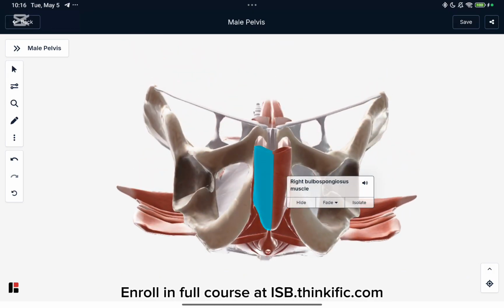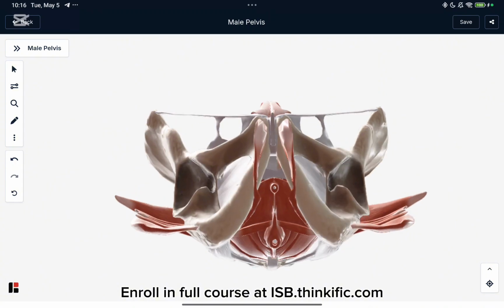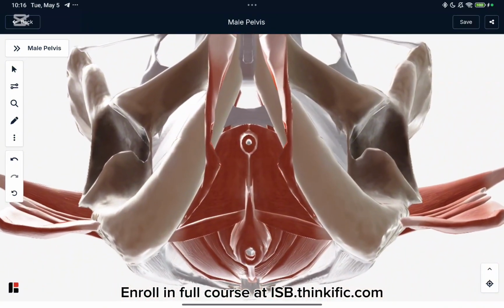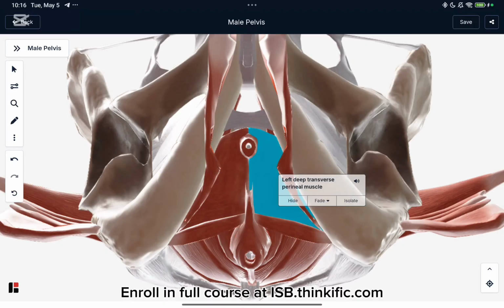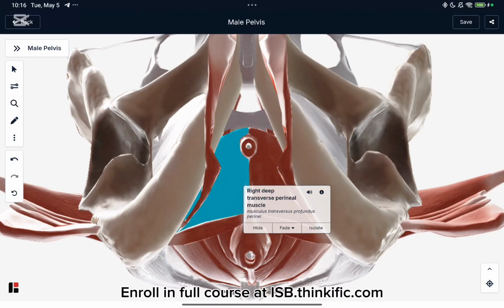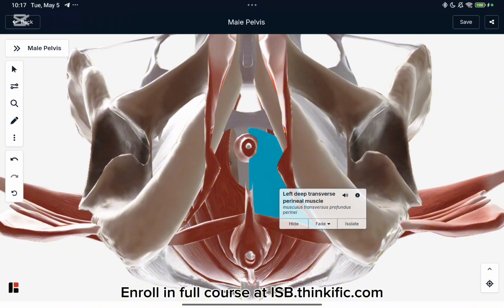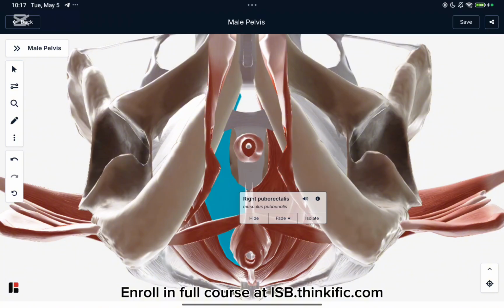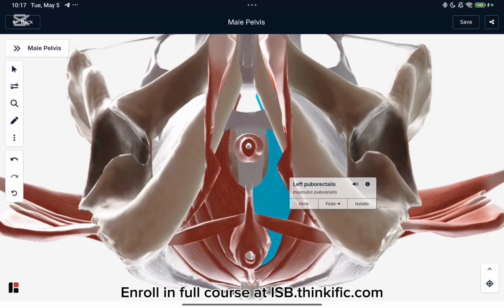These are some of the muscles in the perineum. Now I want to make something clear. These are the pelvic floor muscles, like puborectalis, etc. Underneath the plane of the floor muscles, this region is called the perineum.